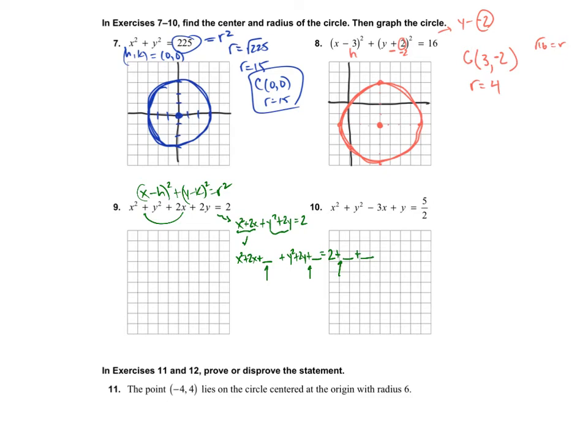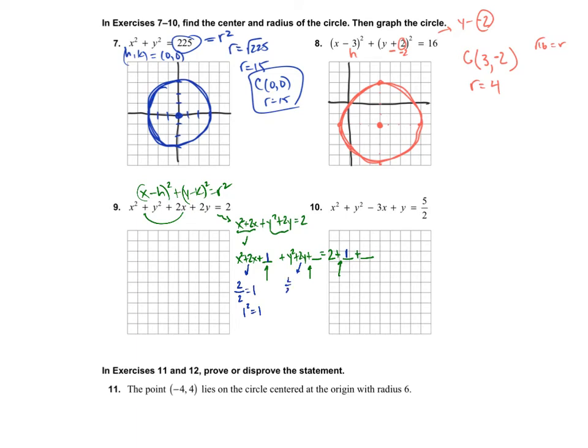So here's what goes in the blank. In order for us to complete the square, you take this number, 2, divide it by 2. So you take whatever value you have, divide it by 2, and then square it. So you take half of it and square it. So we take half this 2, we get 1. You take the 1 and you square it, you get 1. So that's what goes in the blank here. That's also a 2.